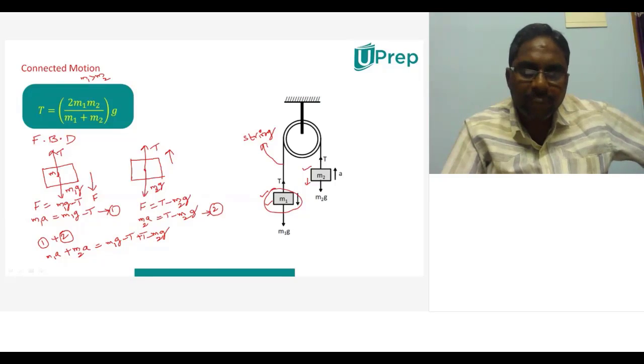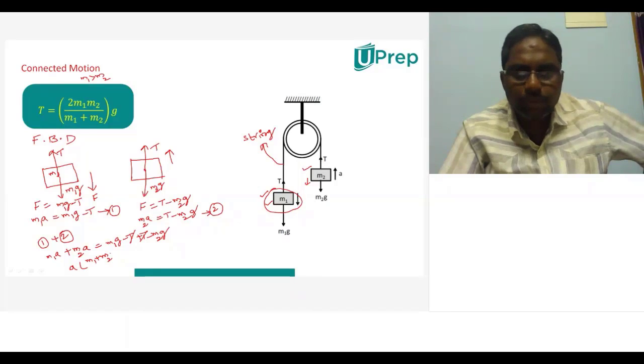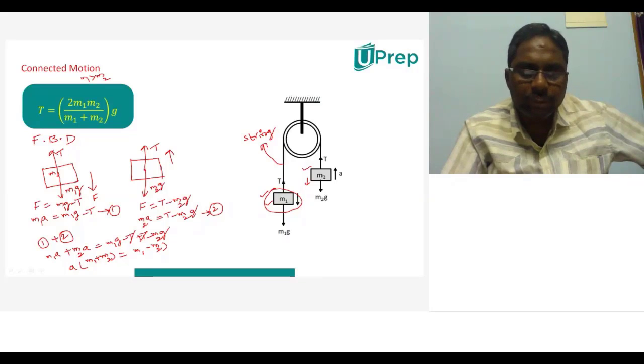Here minus T and plus T will cancel. Now if I take A common, I can write M1 plus M2, is equal to, if I take G common, M1 minus M2 into G.